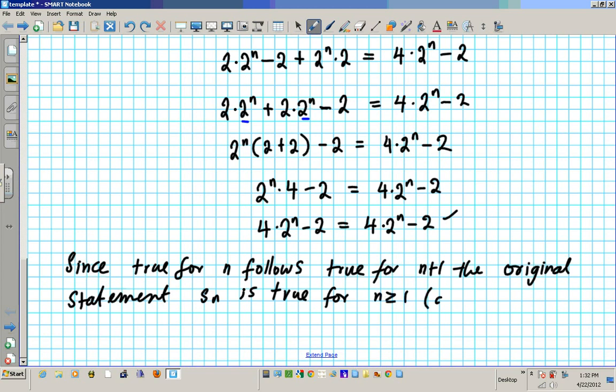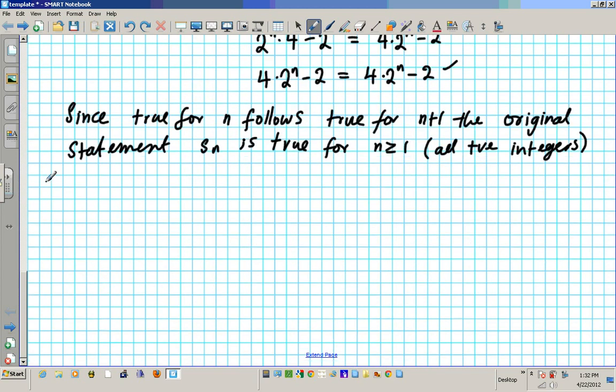This is the same thing as all positive integers. Okay? So there you have it. All right, let's go ahead and move on to example number 2.